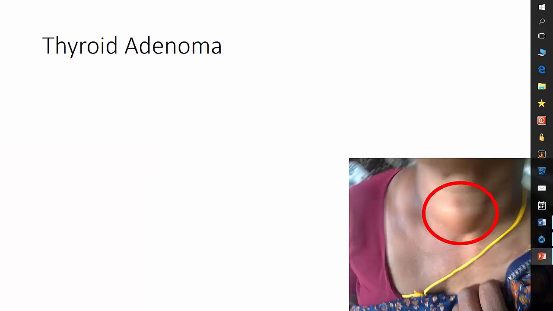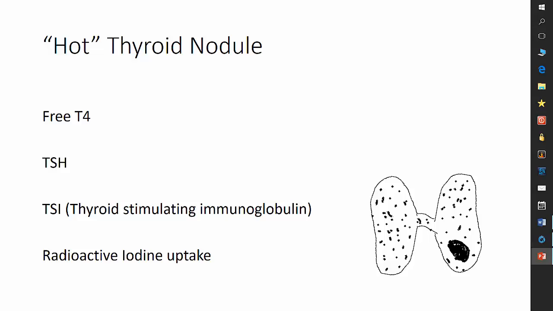You may have one solitary thyroid nodule, a thyroid adenoma, and this nodule has escaped control of TSH. It's going to be making a lot of thyroid hormone regardless of the TSH level. So of course in this case you'd expect to see a high free T4, and again because of negative feedback, a low TSH.